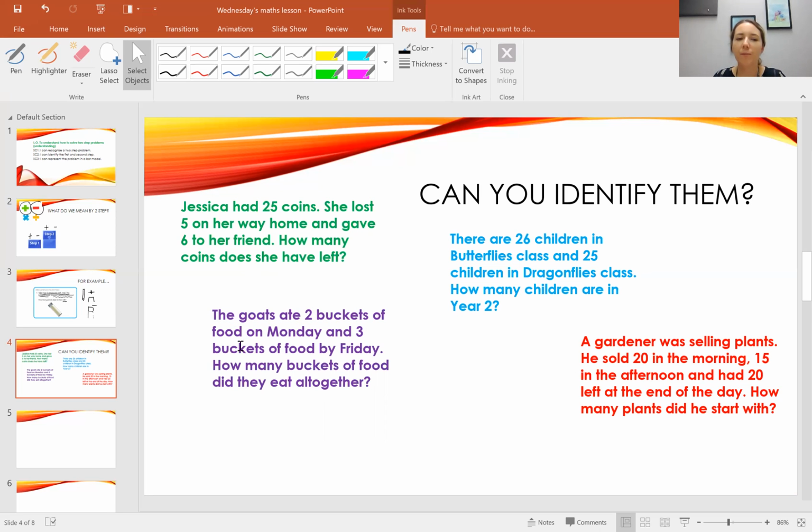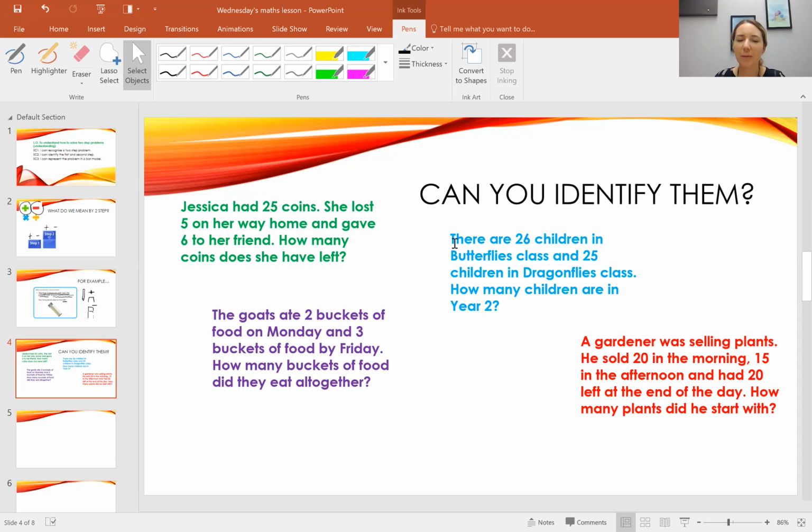Okay, the purple one. The goats ate 2 buckets of food on Monday and 3 buckets of food by Friday. How many buckets of food did they eat altogether? Is that one step or two step? Write it down. Have you done that?